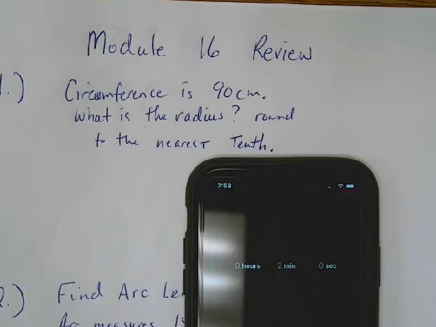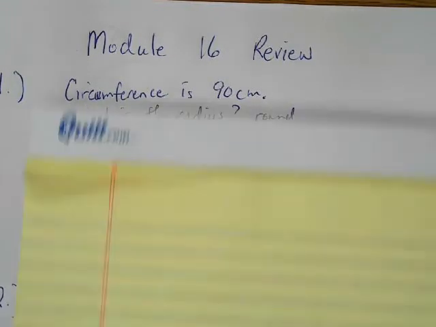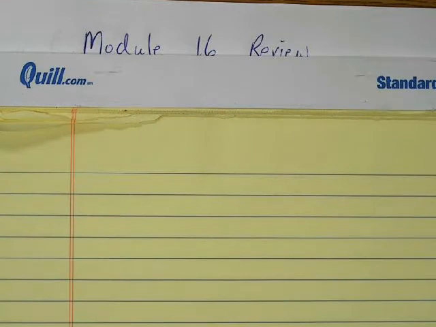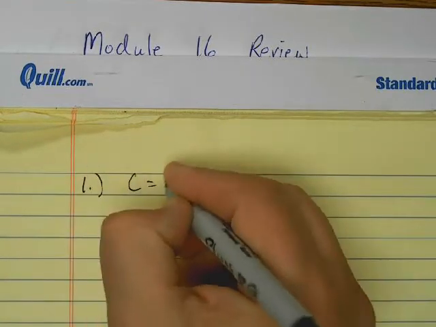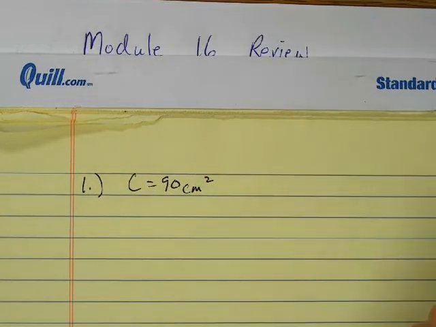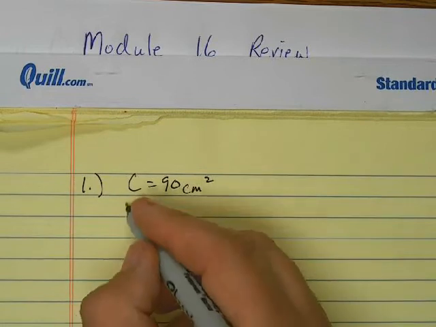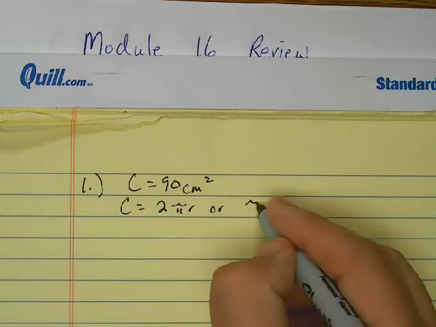Okay, so let's take a look. Pause the background music. All right, so if the circumference is 90, I'm going to use a different piece of paper here. Number one, if the circumference is 90 centimeters, then the formula is 2 pi r, or pi times diameter.